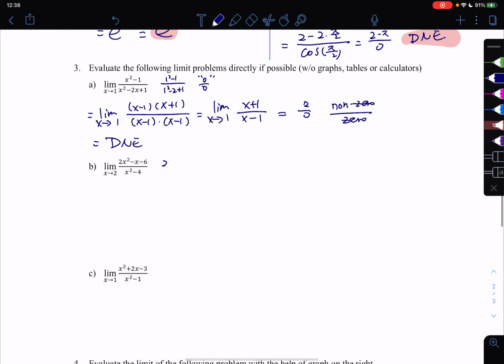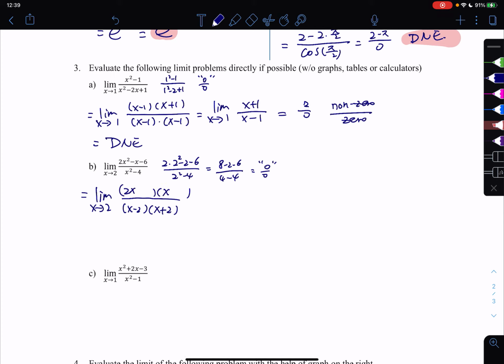The next thing is 2 times 2 squared minus 2 minus 6 over 2 squared minus 4. So we end up with 8 minus 2 minus 6, and 4 minus 4, 0 over 0. So we have limit x approaches 2, 0 over 0 type. It's always a good idea to factor it. So we have 2x, we have x, and then we end up with 3 and 1, and then minus and plus.